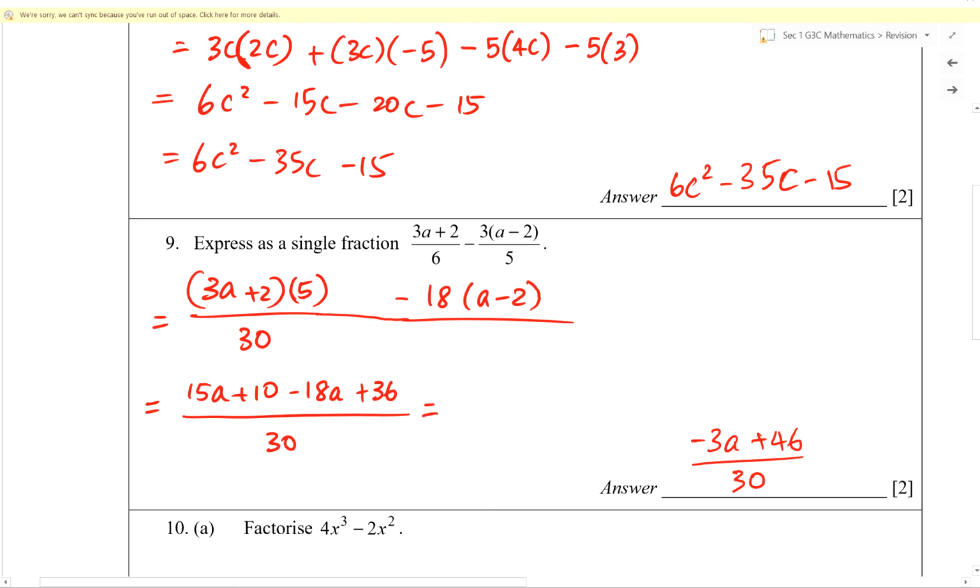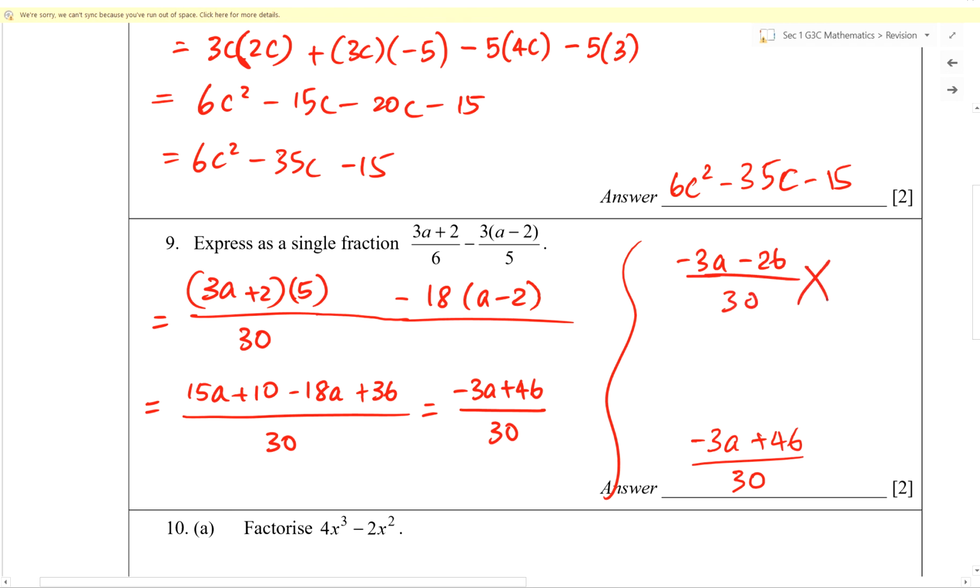And so from here we have negative 3a plus 46 over 30. And if you had used negative 36 over here, your answer would have been negative 3a minus 26 over 30. So this will be wrong.